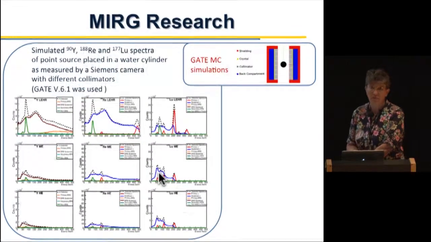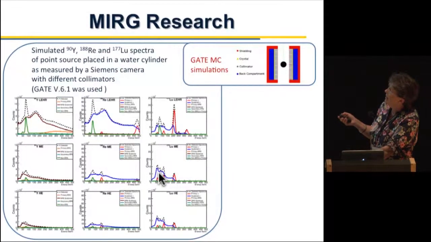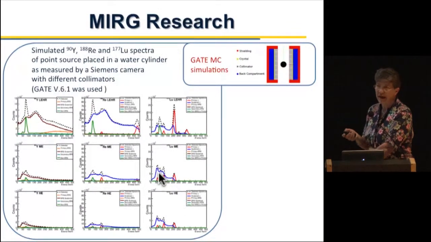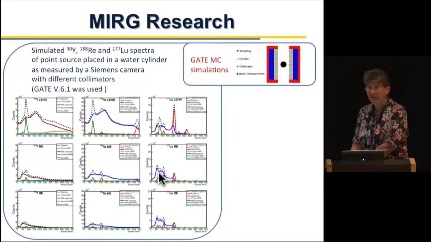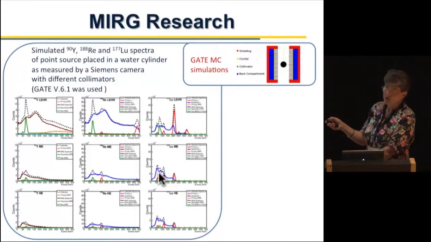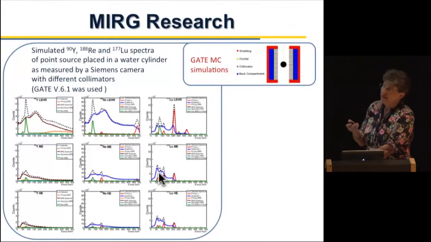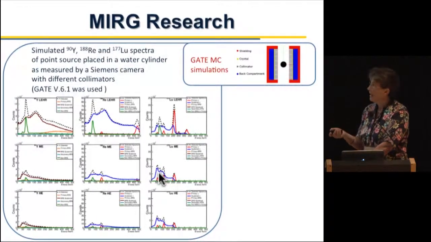Actually, Bremsstrahlung is much overwhelmed by the scatter. All this blue is scatter from high energy photons. It's interesting because those high energy photons have less than 1% probability of decay, but still they contribute so much because the collimator, especially the low energy collimator, is transparent for them. Also, these low energy photons are better detected by our camera.